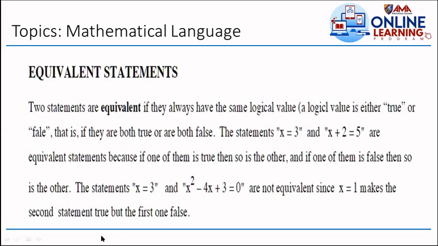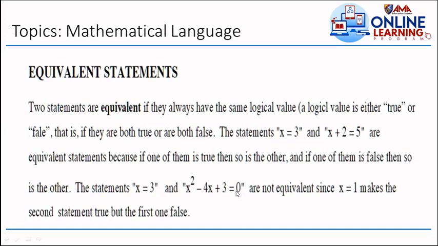Okay? So the statements x is equal to 3 and x squared minus 4x plus 3 is equal to 0 are not equivalent. Okay? Since x is equal to 1 makes the second statement true, but the first one is false. Okay? So we have your two statements. The first statement, x is equal to 3, is false. Okay?